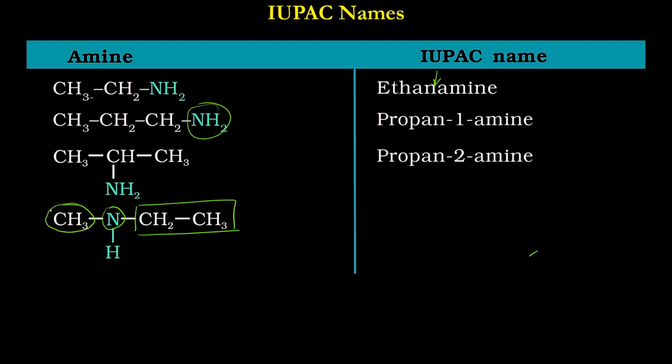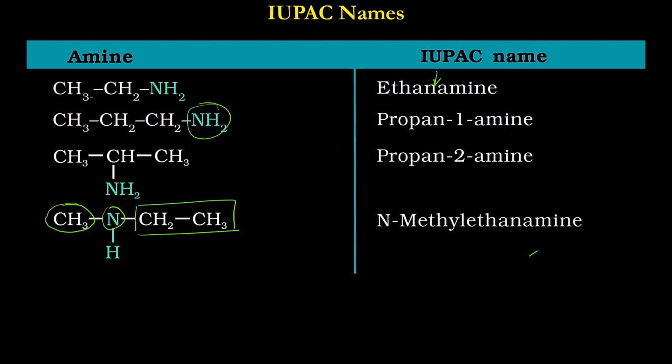Listen carefully because it will be used again and again. We will say this CH3 is attached on nitrogen, so we say it is N-methyl. N-methyl indicates that the alkyl group is actually attached to nitrogen.